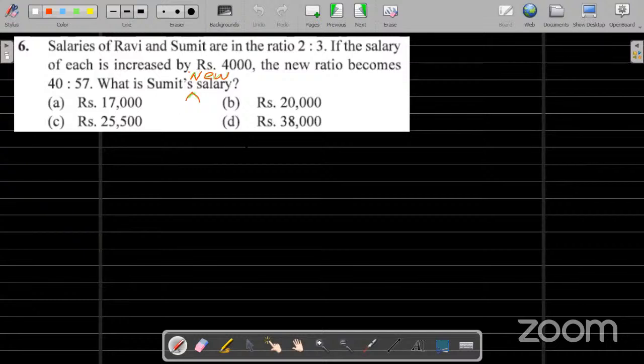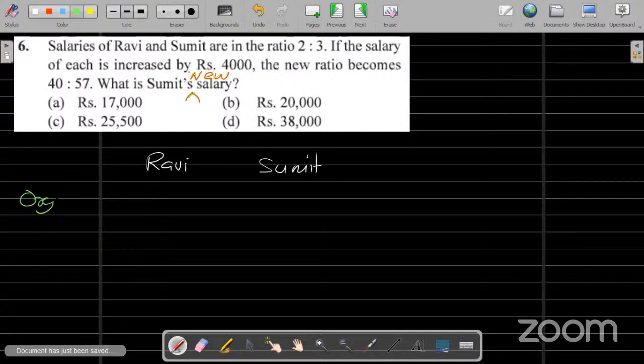Salaries of Ravi and Sumit are in the ratio 2:3. So we have two people, Ravi and Sumit. Let the original salaries be 2x and 3x.